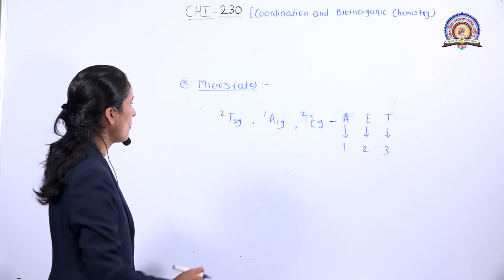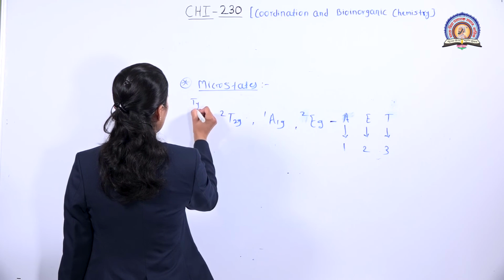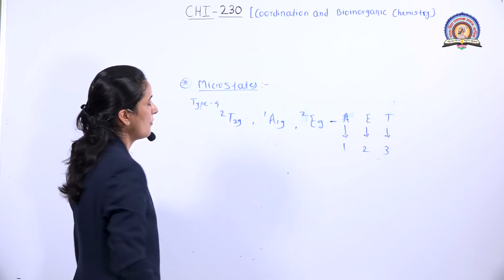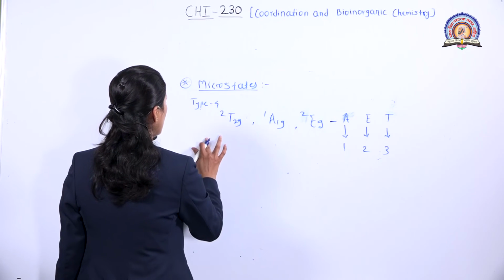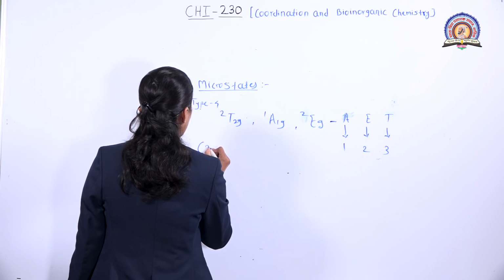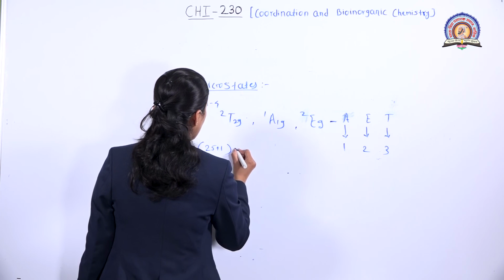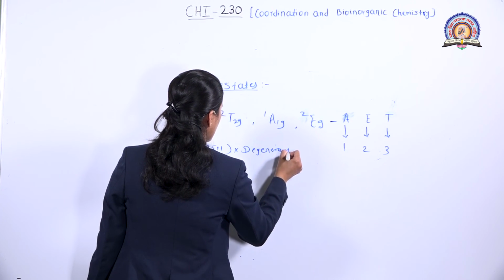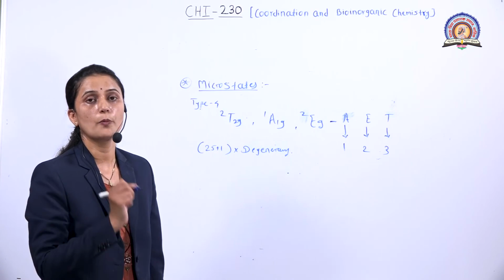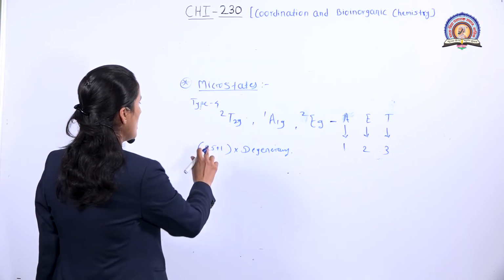This is type 4. The formula to calculate the number of microstates in the case of a Mulliken symbol is (2S plus 1), the spin multiplicity, into the degeneracy of that particular Mulliken symbol.